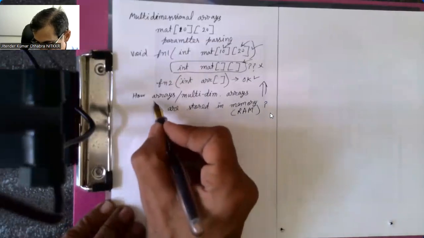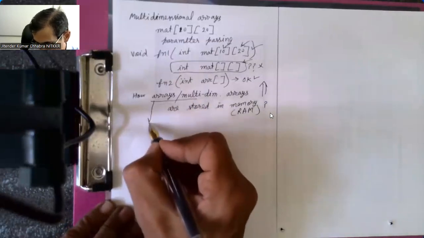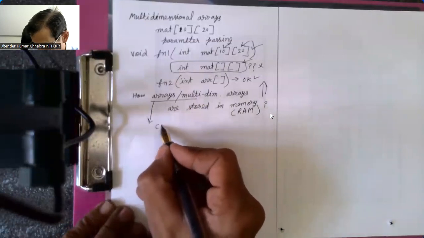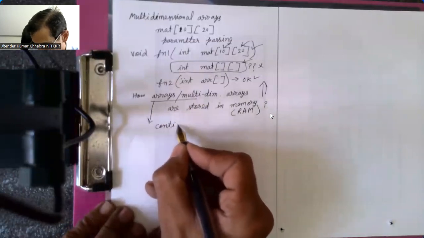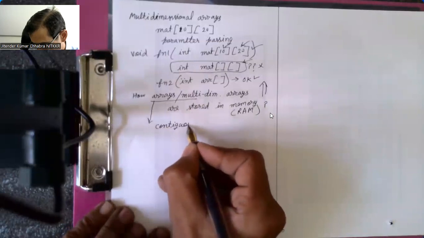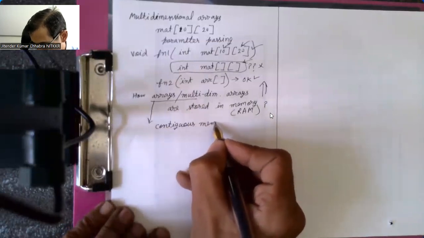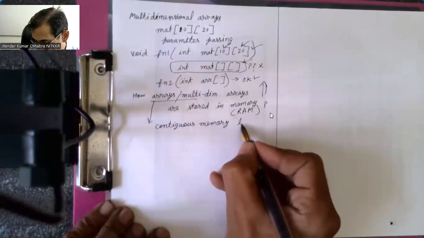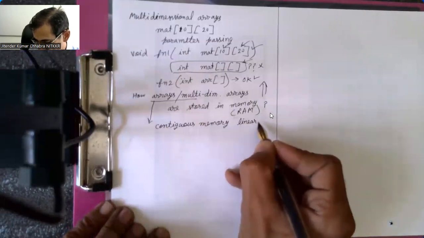So the first rule is that all arrays, 1D, 2D, 3D, whatever, are always stored in contiguous memory. Always. And effectively arranged linearly.